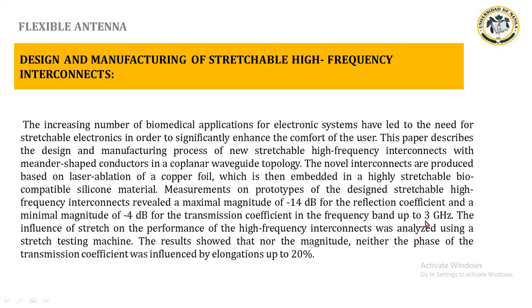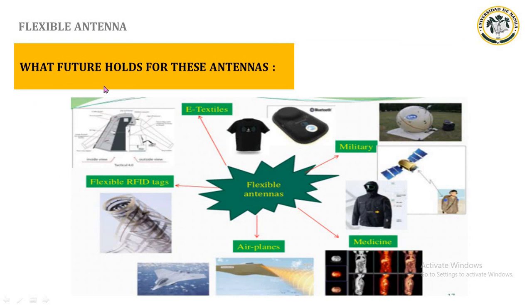The influence of stretch on the performance of the high-frequency interconnect was analyzed using a stretch testing machine. The results showed that neither the magnitude nor the phase of the transmission coefficient was influenced by elongation up to 20%. Next. What does the future hold for these antennas?